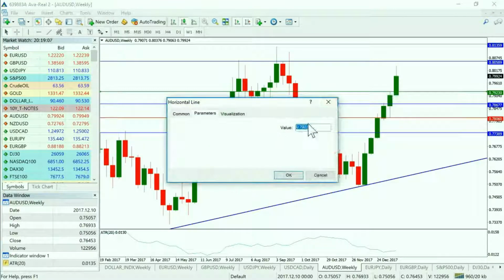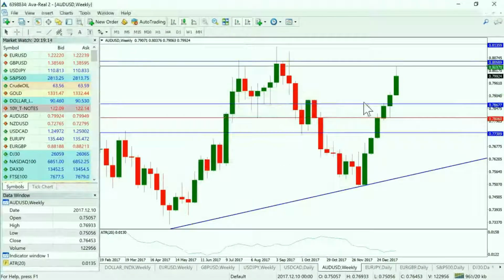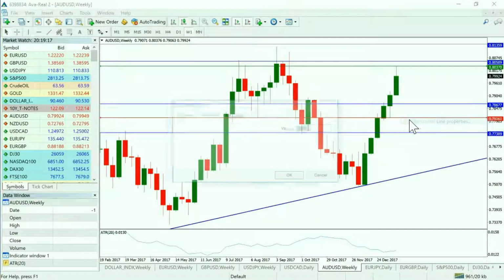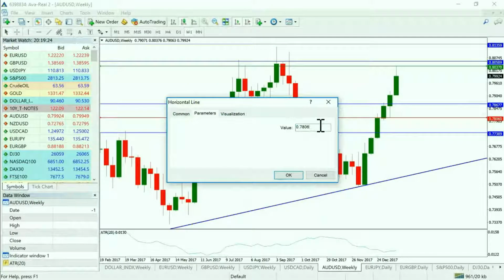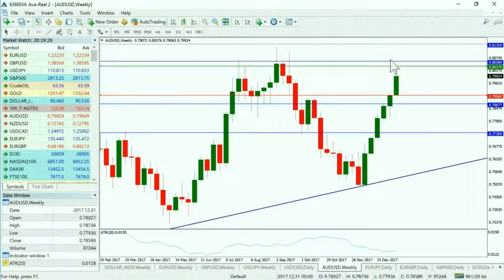So we're talking about 80.37 to the upside, and to the downside, we'll work with the weekly lows. So that is 79.06. We'll put those levels in there, and we will keep a close eye on that market.